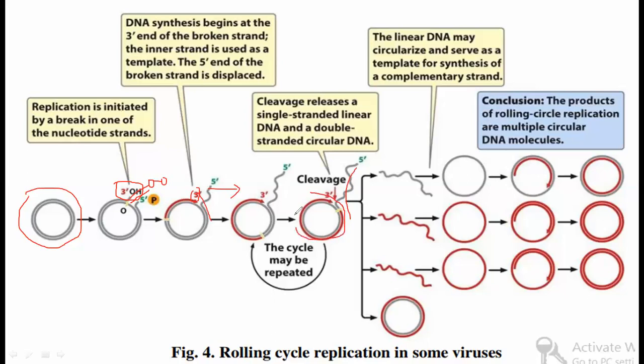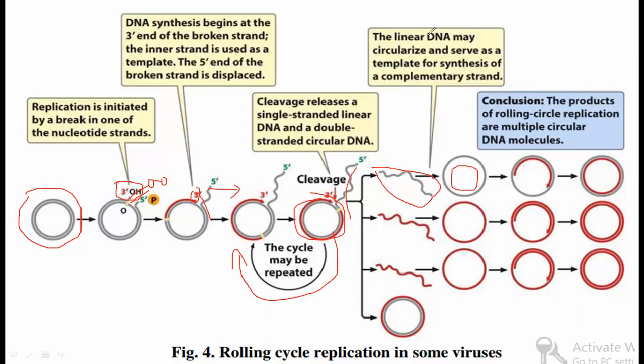Finally, the complete cycle, and you can see a free end of one more segment. This free end will again serve as a template, and there will be a complete cycle. Once it completes the replication here, it will again undergo a new cycle. That's why it's called rolling cycle replication.